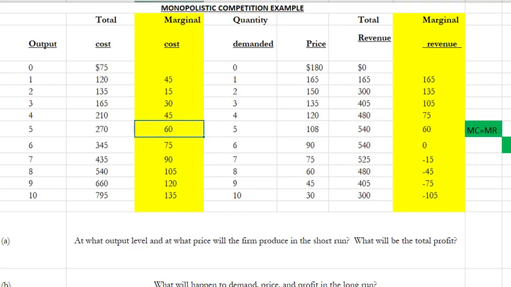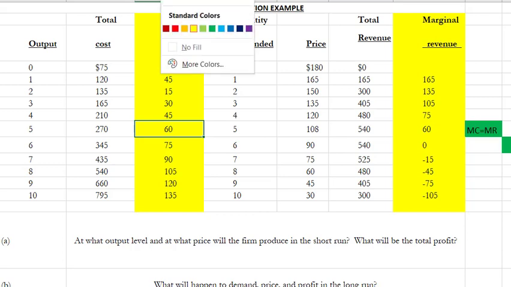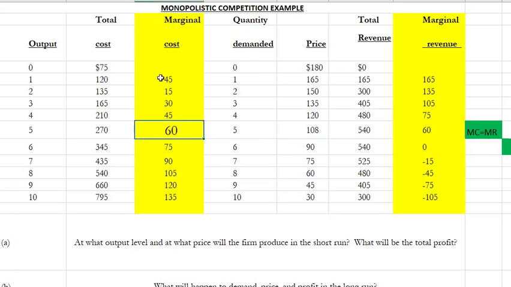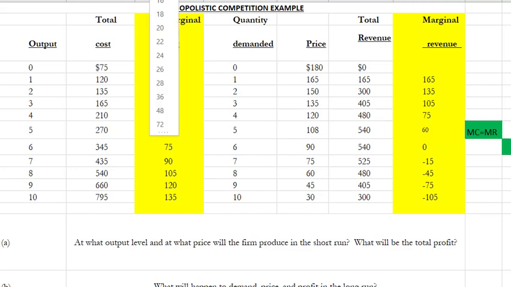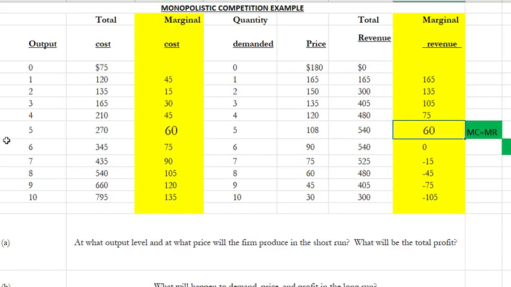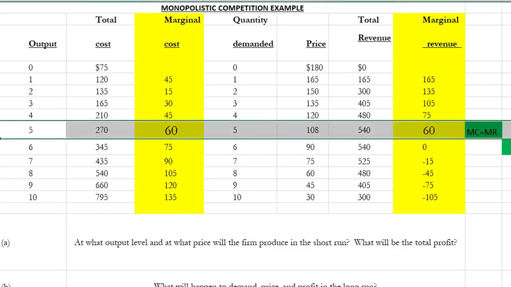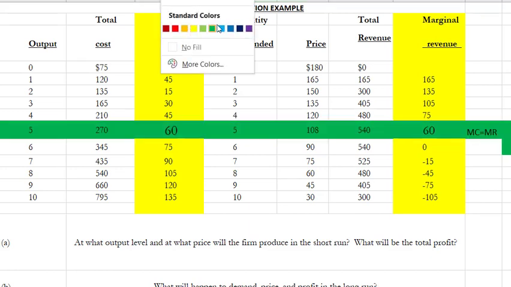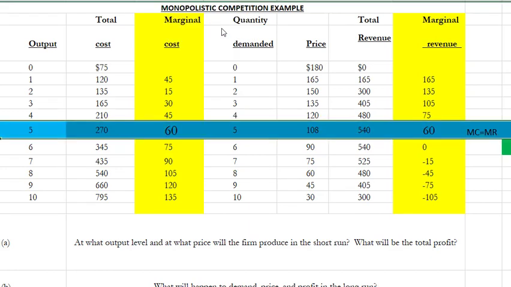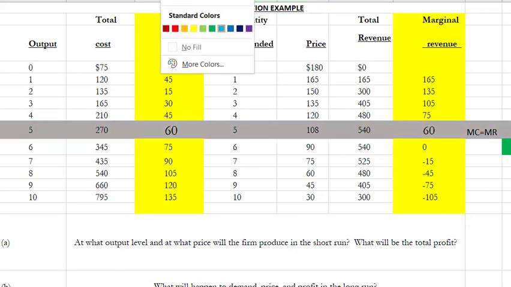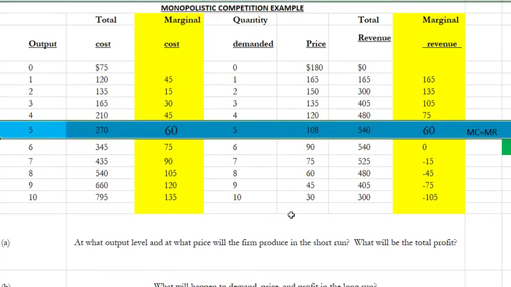The MC is 60. And look at the MR on that same line. It's also 60. So, yeah, MC is equal to MR at that particular quantity line. 60 and 60. That's a profit maximizing point.